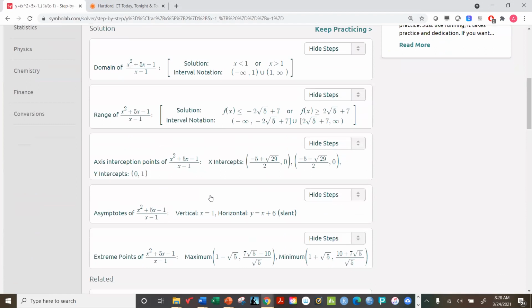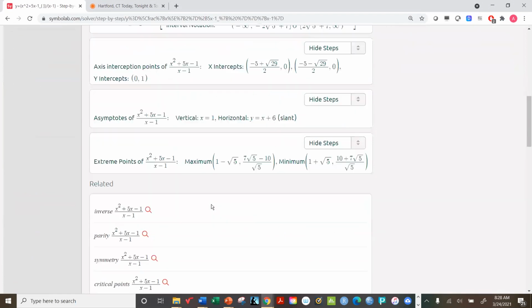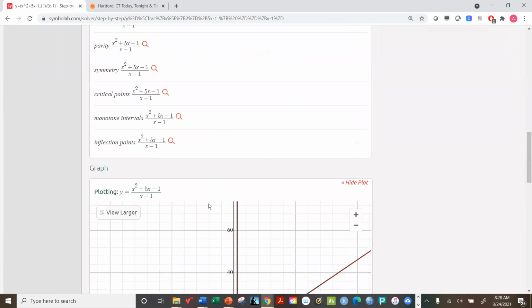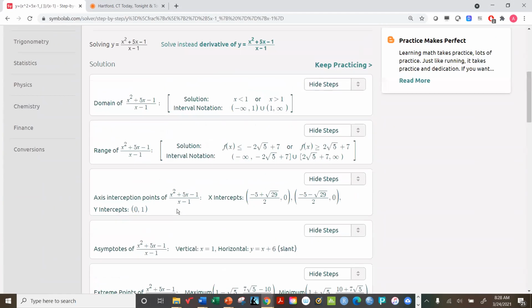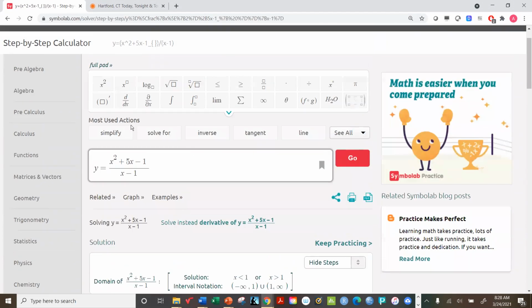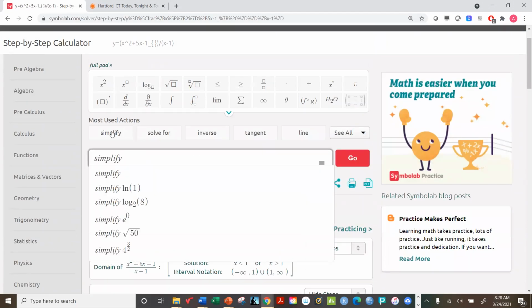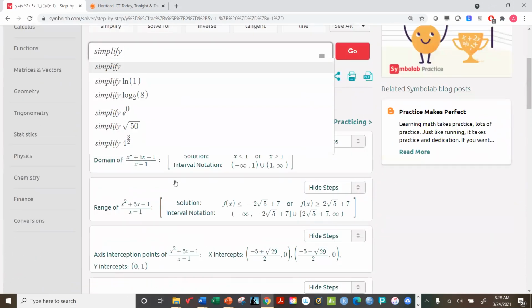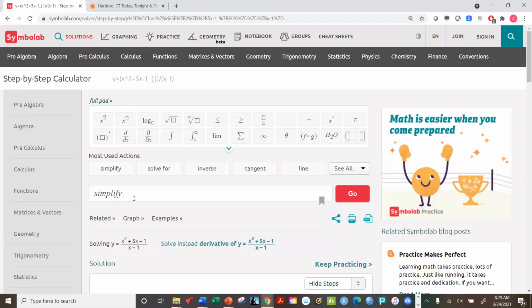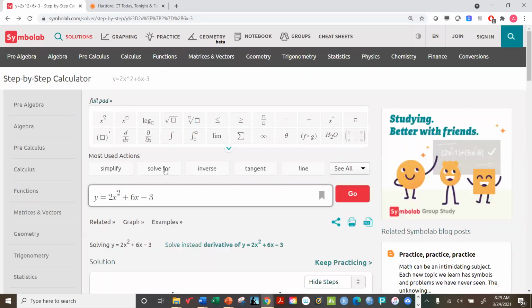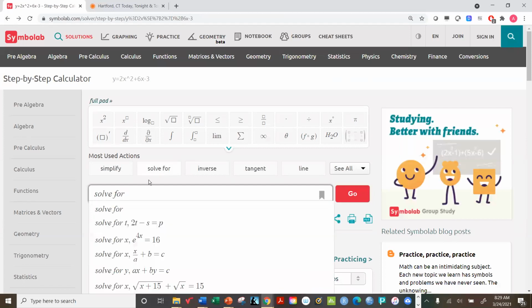Yeah, see, it's giving us everything except maybe what we actually want. It's a weird looking graph, but I'm not sure. Let me just try simplify. No, it doesn't seem to understand what I just did. Let's try solve for. No. All right, let me try this one more time.